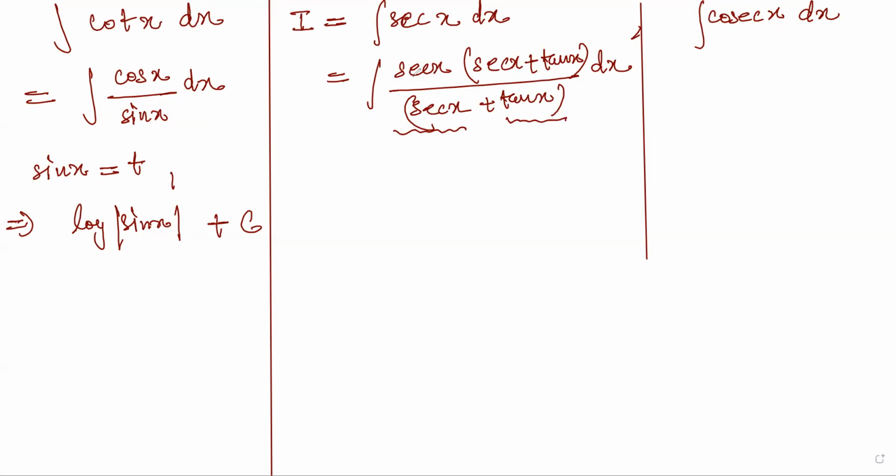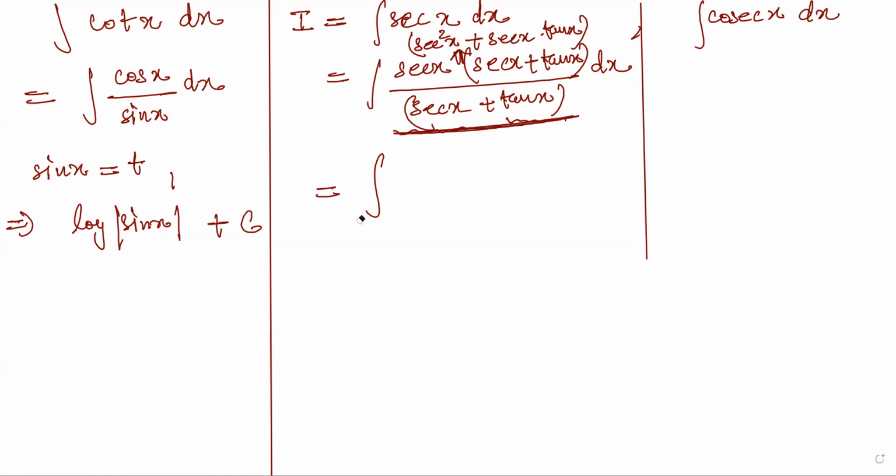Now see the numerator part. What is in the numerator? This is sec square x. If you multiply sec x with the whole, this would become sec square x plus sec x tan x, which is the differentiation of sec x plus tan x.